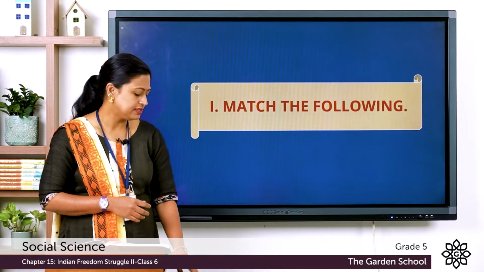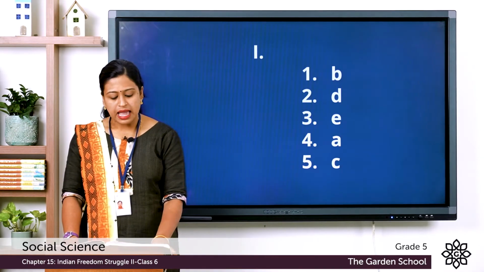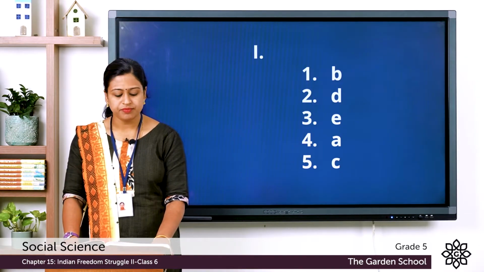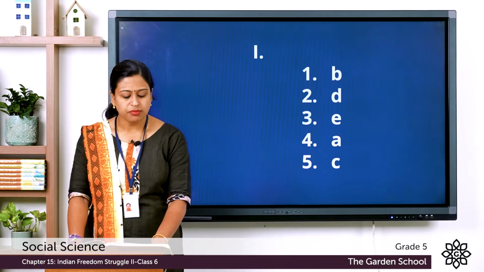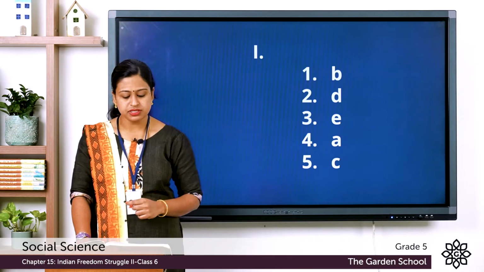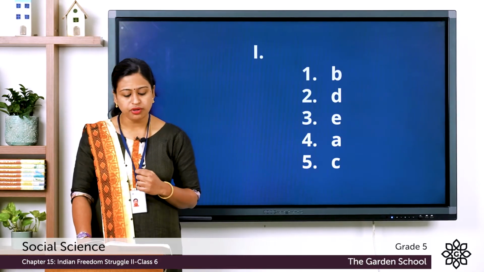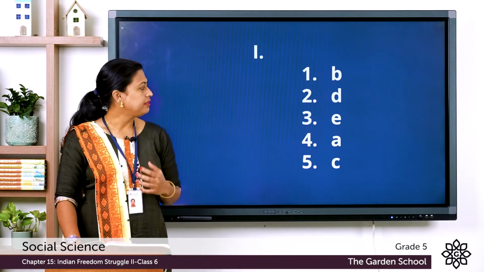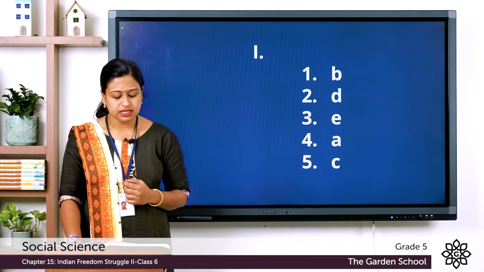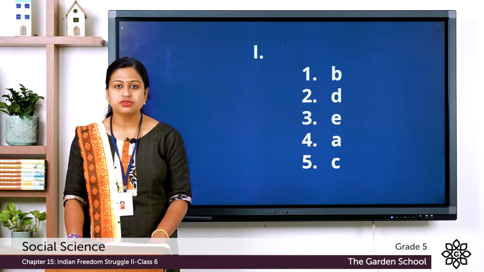Let's check the answers. The first one is revolt and the correct match is rise up against something. Second one is boycott and the correct match is D, to stop using goods made in England or Europe. The third one is revolutionary and the correct match is E, a person who fights to bring about great changes.